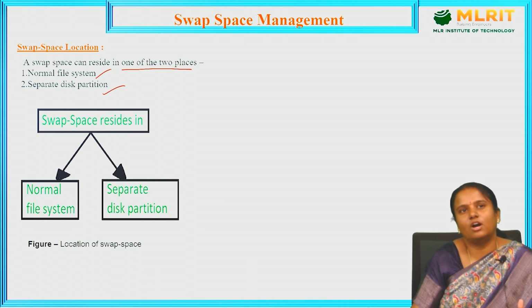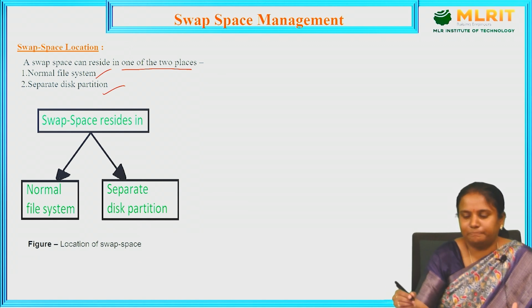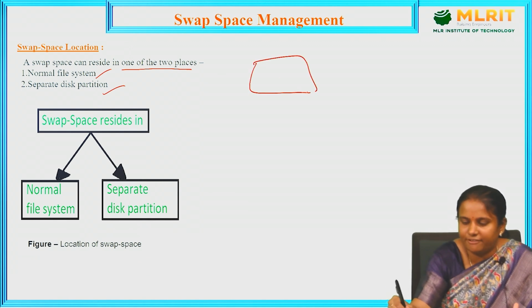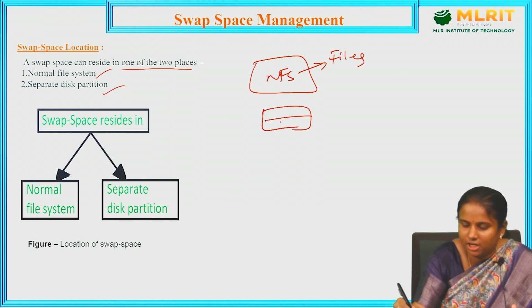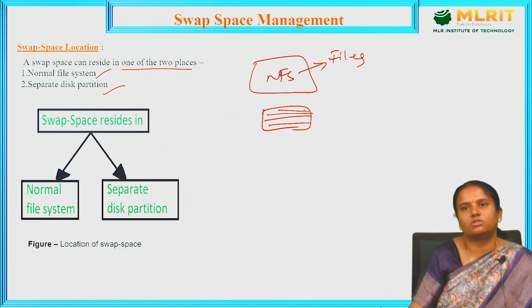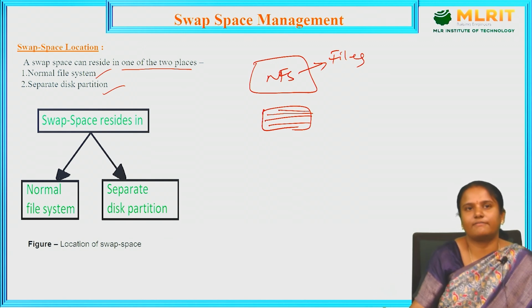That is the difference between the normal file system and a separate disk partition used by swap space. In the normal file system, we can find the file directly, whereas in partitions we need to search through folders into subfolders. So this means dividing the disk into partitions.